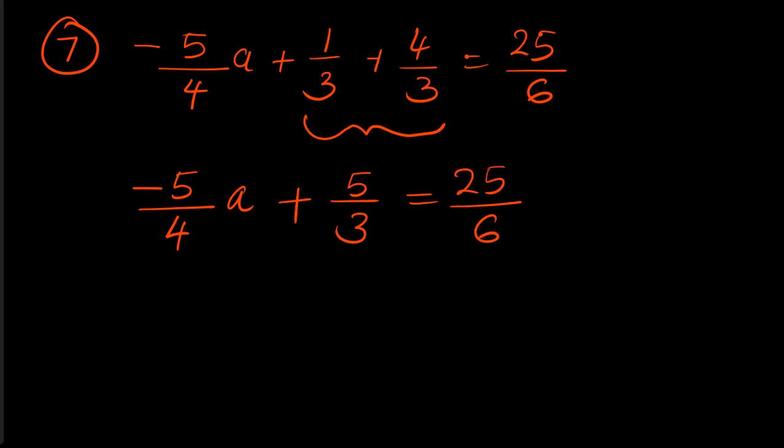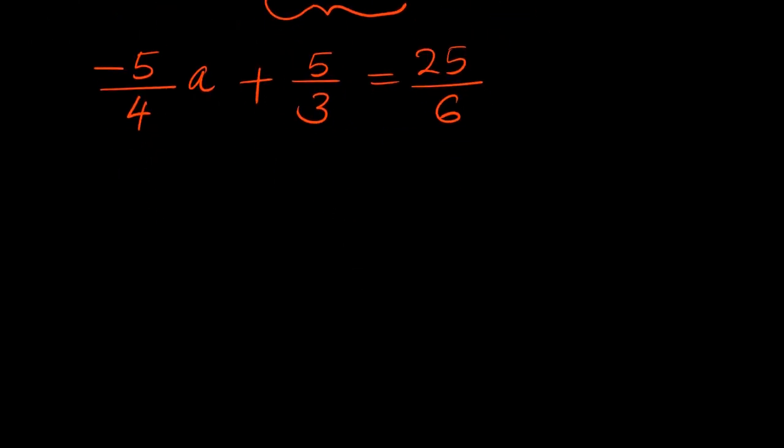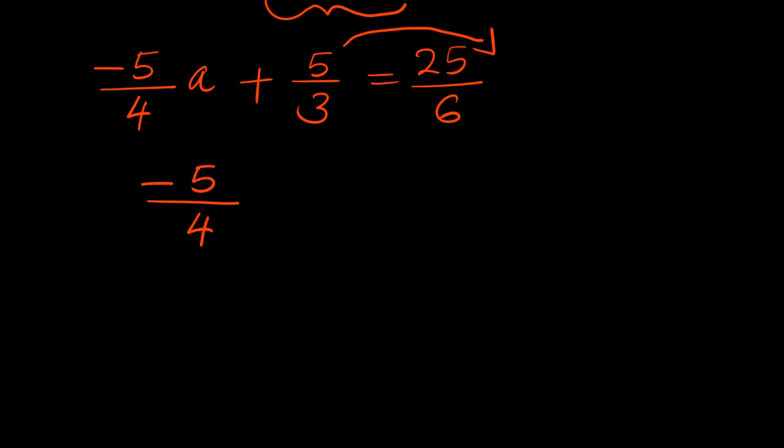Then in the next step, we have to bring this term, 5 over 3, from the left side to the right side, so that we isolate this negative 5 over 4a term on the left side. So the equation changes to negative 5 over 4a is equal to 25 over 6 minus 5 over 3.